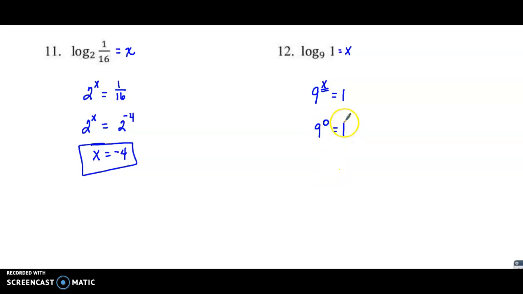Anything raised to the 0 power is 1. And we talked about that when we did our graphing, remember? So we know that that would be equal to 0. So we could say the log base 9 of 1 is equal to 0. And anytime you see a log of 1, with any base, it's always going to be equal to 0.